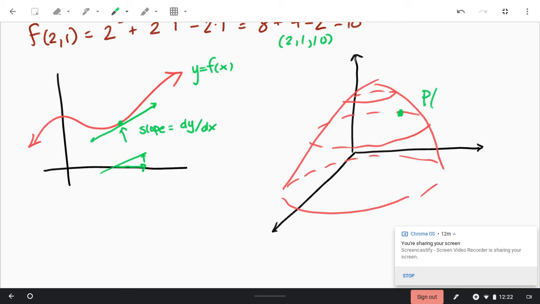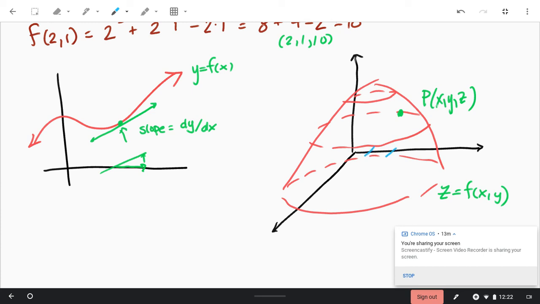So some point x, y, z, and this whole curved surface is some z as a function of x and y. At this point, maybe it's got a y value of like 2.